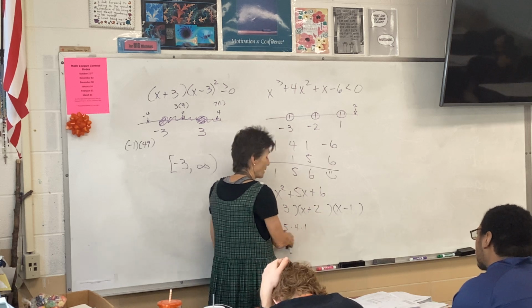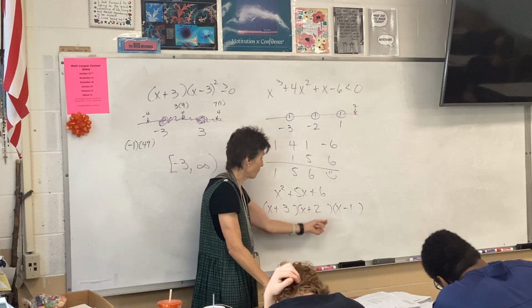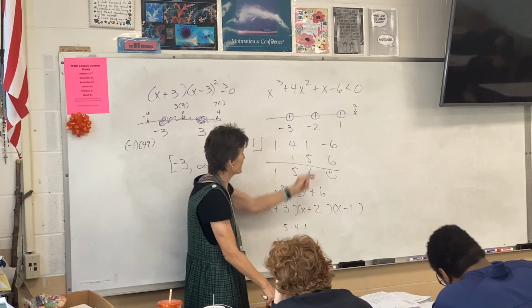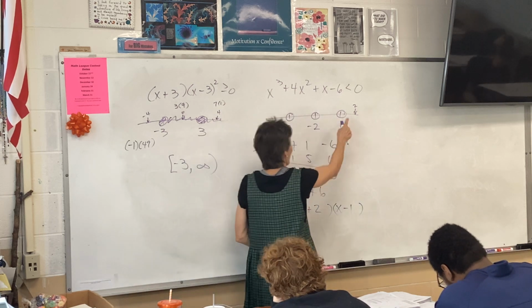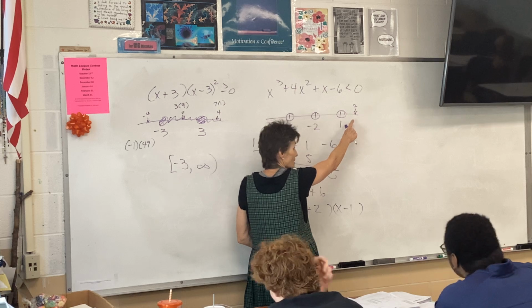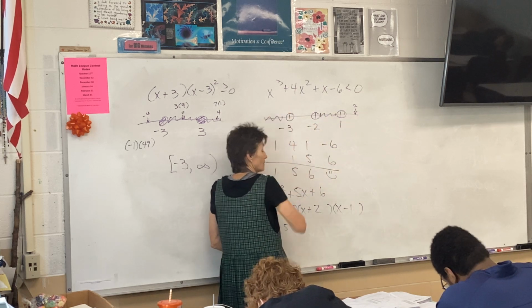Now I'm going to multiply all those together. Just put in 2's. I get 5, 4, and 1, all multiplied together. Is it less than 0? Nope. So I'm not shading where the 2 is. So I will shade here. Won't. Will.